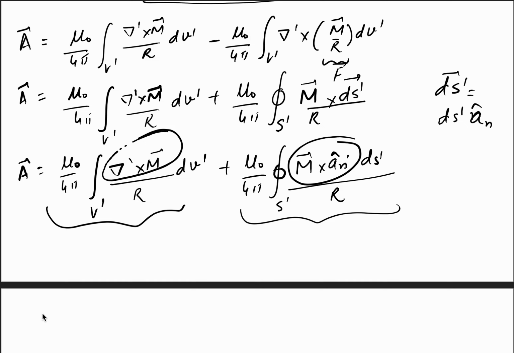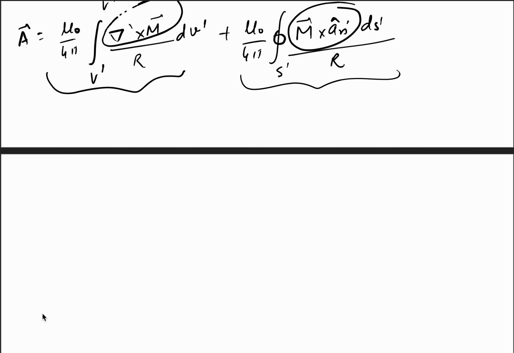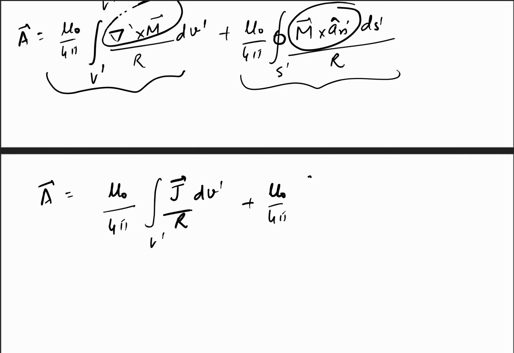So I can replace these two, and I can write the equation as: A is formed due to two quantities, mu naught upon 4 pi J volume current density dV dash over R over whole volume V dash, plus mu naught over 4 pi Js, the surface current density, over R ds dash over whole surface S dash, enclosing a volume.